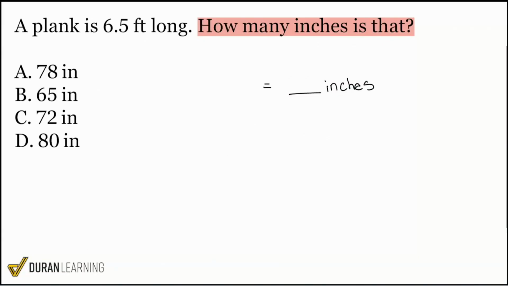Everybody, what amount do they give us, and include the unit with it in the chat box? We are given 6.5 feet. A plank is 6.5 feet long. Perfect. So we have 6.5 feet equals how many inches? Now, pop quiz, what is the unit conversion between feet and inches?